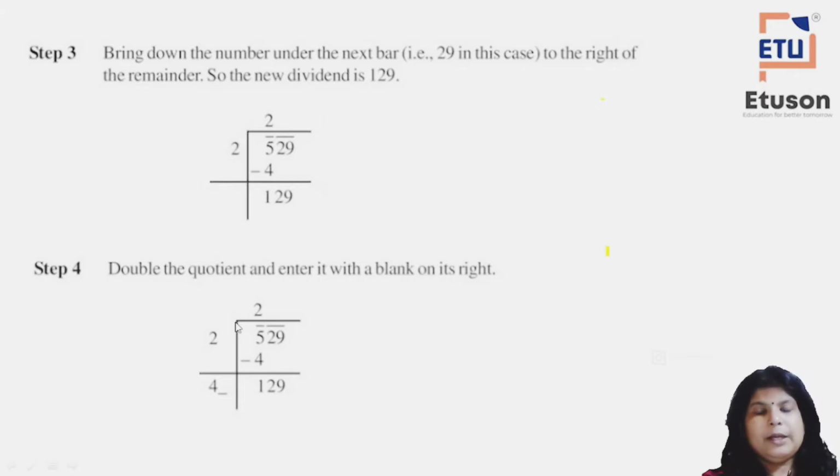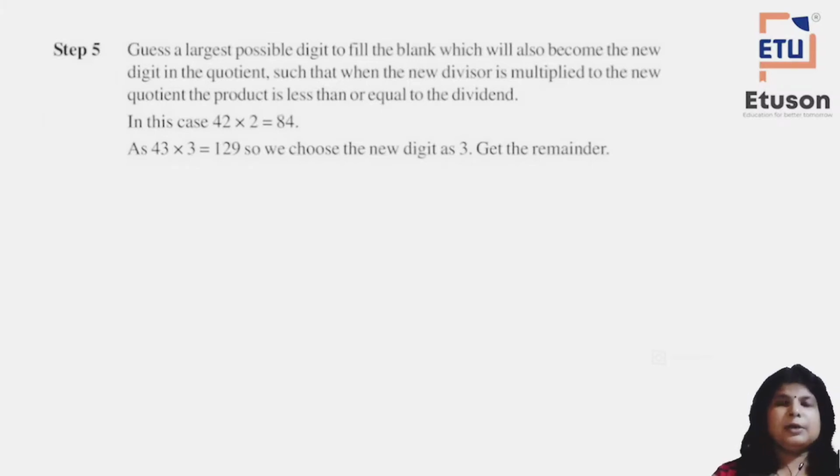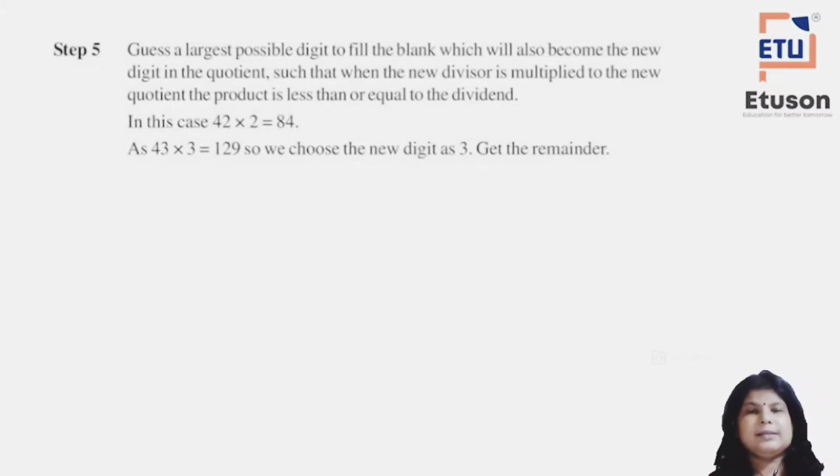So what next? Here comes your step 5. Guess the largest possible digit to fill the blank, which will also become the new digit in the quotient, such that when the new divisor is multiplied by the new quotient, the product is less than or equal to the dividend.